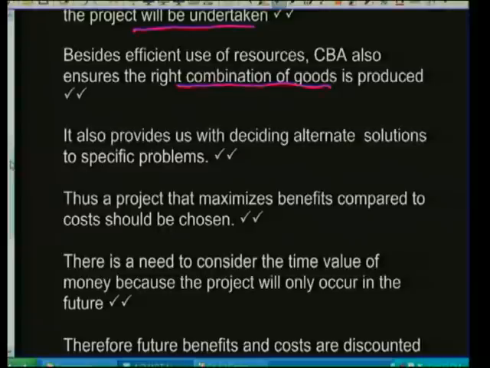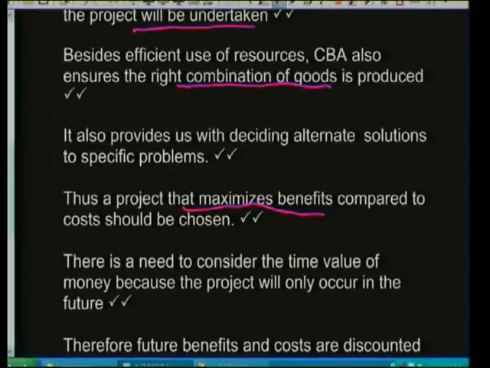In other words, I might decide to produce a specific product, but I need to decide what the method is going to be, which one is going to be most beneficial to me, in which one can I actually maximize my profits. And therefore, they also indicate here, thus, a project that maximizes benefits compared to cost should be chosen. So you want to get more benefits than costs from this operation.